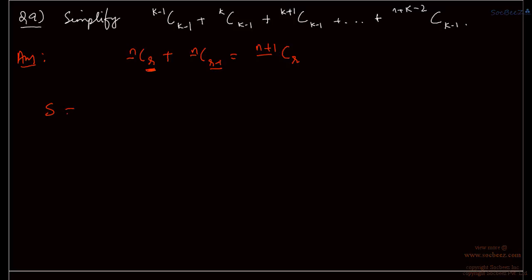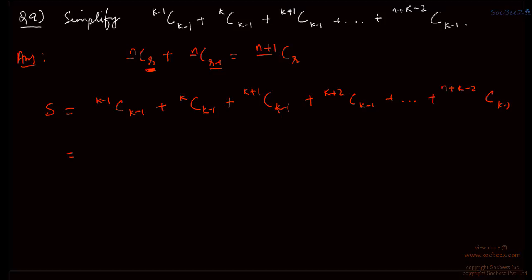Okay. So the expression which we write as S is k minus 1 C k minus 1 plus k C k minus 1 plus k plus 1 C k minus 1, k plus 2 C k minus 1, like this till n plus k minus 2 C k minus 1.